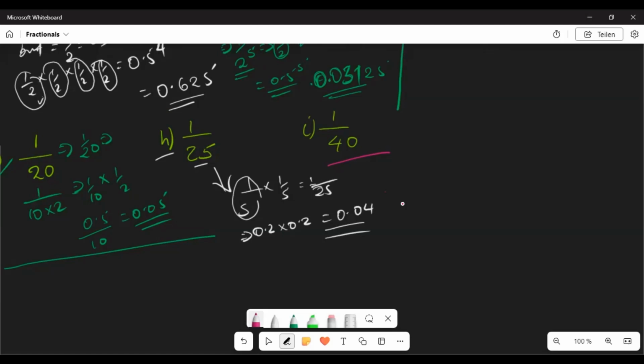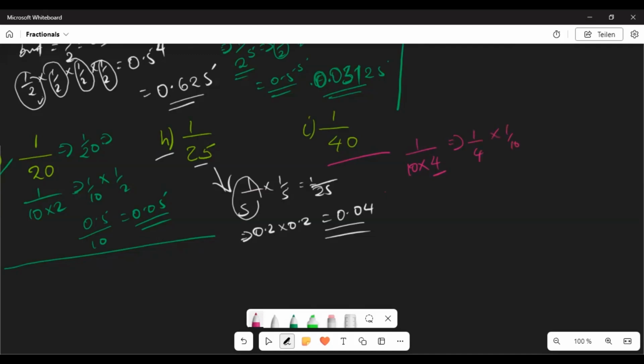We're going to say 1 over 40 is equivalent to 1 over 10 multiplied by 4. So this can be written as 1 over 4 multiplied by 1 over 10.